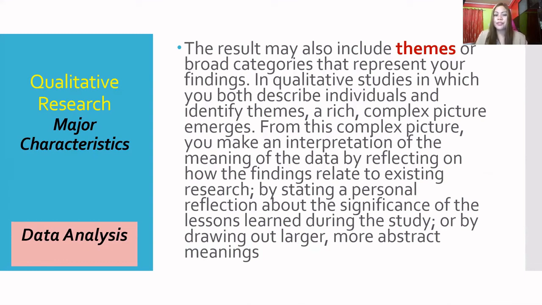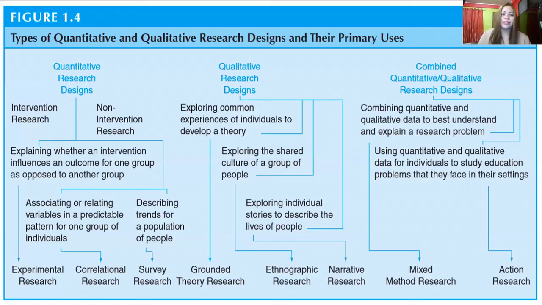From this complex picture, you make an interpretation of the meaning of the data by reflecting on how the findings relate to existing research, by stating a personal reflection about the significance of the lessons learned during the study, or by drawing out larger, more abstract meanings. This is how we differentiate the types of quantitative and qualitative research designs and their primary use according to Creswell.